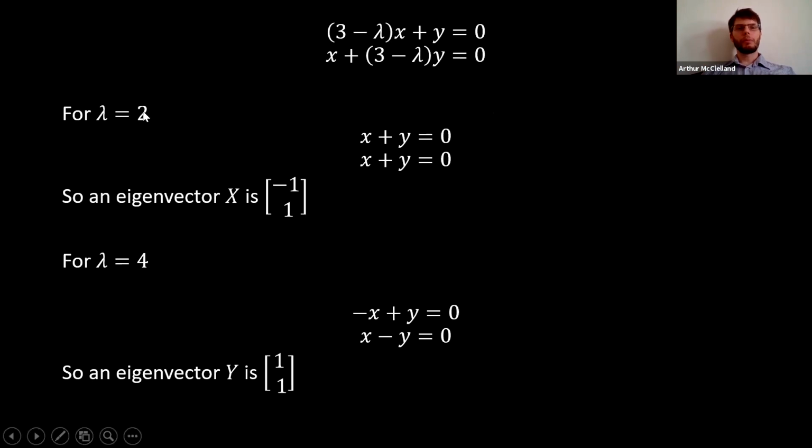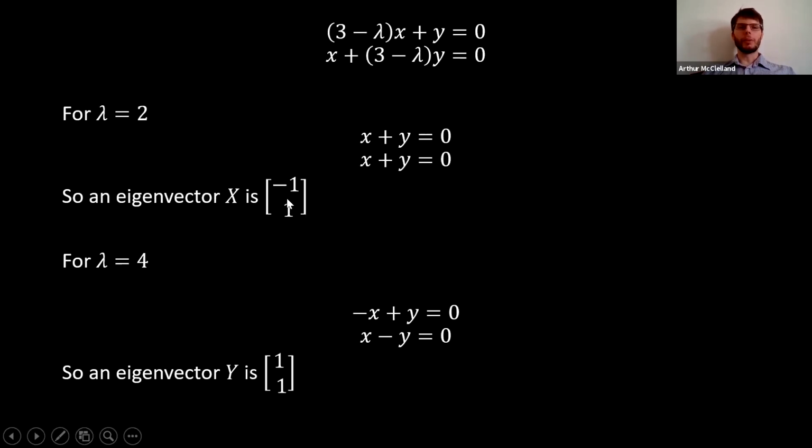When we plug those values for lambda back into these eigenvalue equations, we get x plus y equals 0. Well, we get it twice, which is not that interesting. We get the same equation twice when we plug lambda equals 2 back in. One solution would be x equals -1 and y equals 1, right? -1 plus 1 is 0.